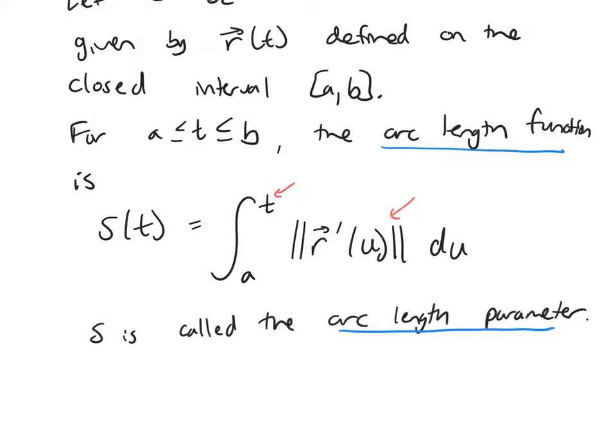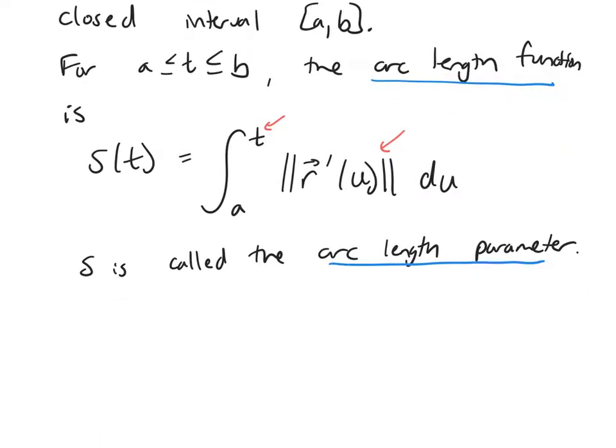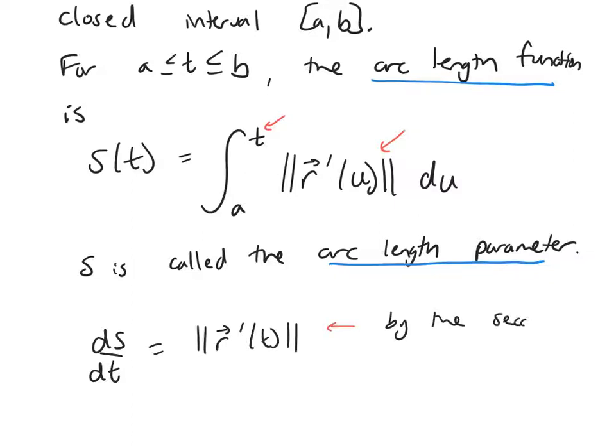We also know that the derivative of this function s, ds dt, would be the magnitude of r prime of t. This is by the second fundamental theorem of calculus.